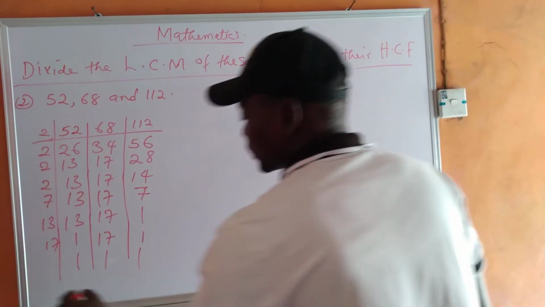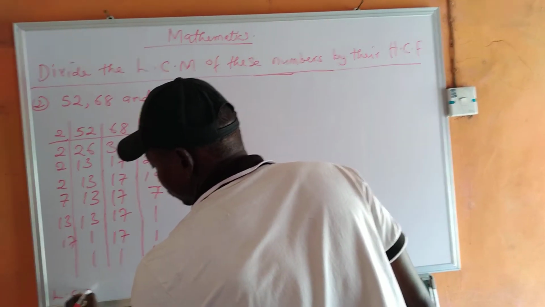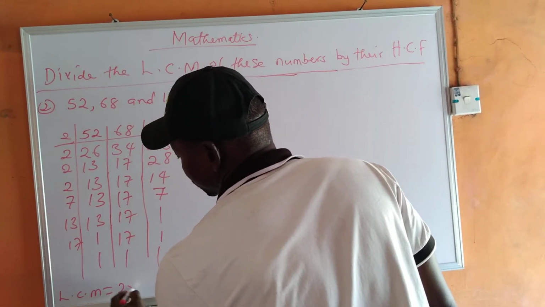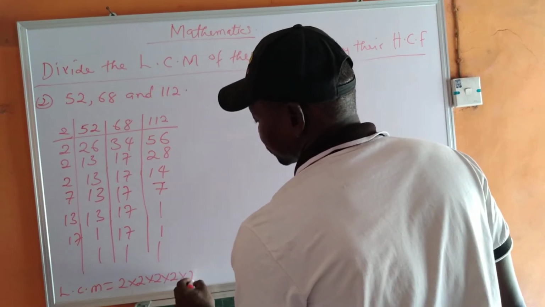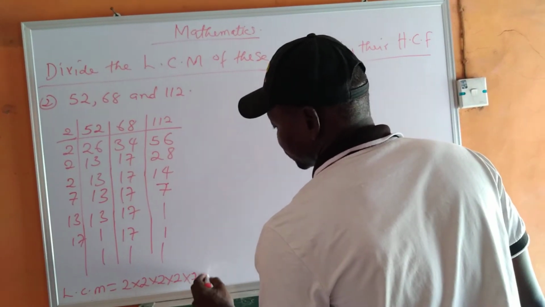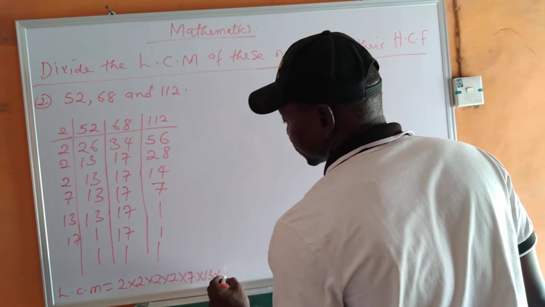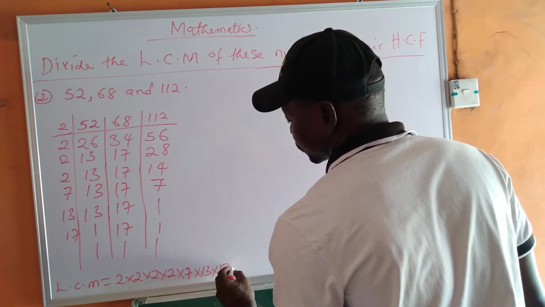So our LCM will be equal to 2 times 2 times 2 times 2 times 7 times 13 times 17.